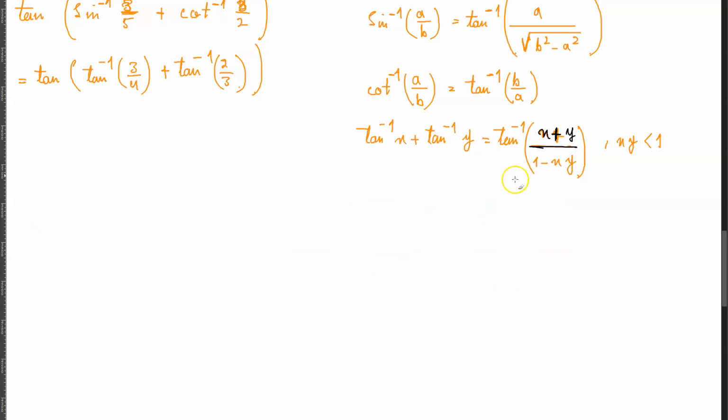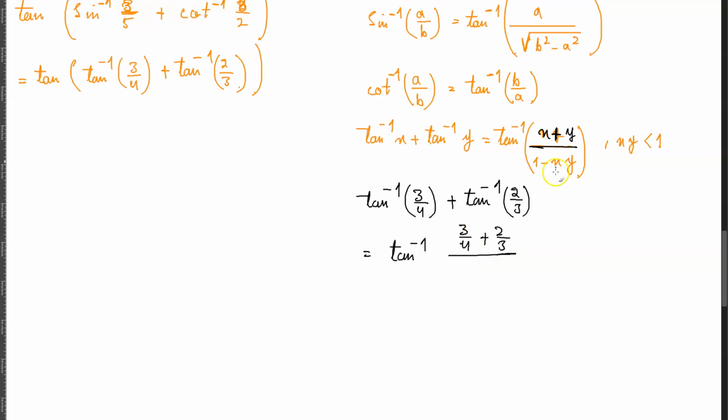So based on this formula, I can say that the tan inverse of 3/4 plus the tan inverse of 2/3 is equal to the tan inverse of 3/4 plus 2/3 divided by 1 minus 3/4 times 2/3.